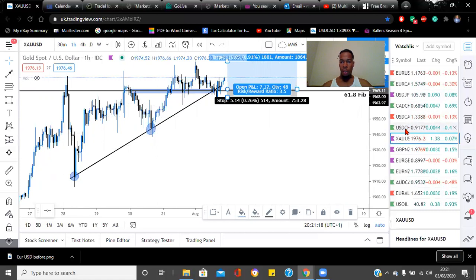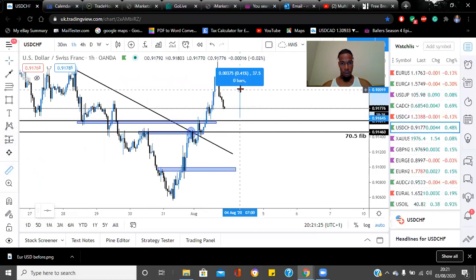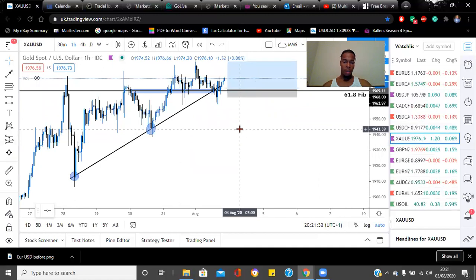But if we go to, let's say, USDCHF, it wouldn't say. So 50 pips will literally just be 50 points, and then that's 50 pips. But with gold, it reads different, and Japanese pairs as well. So just bear that in mind.